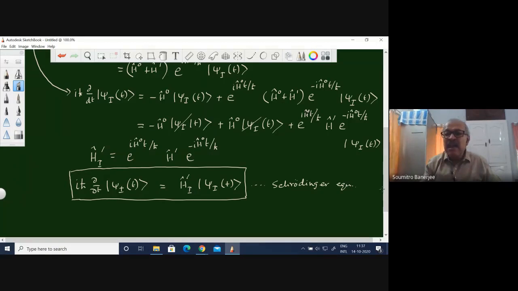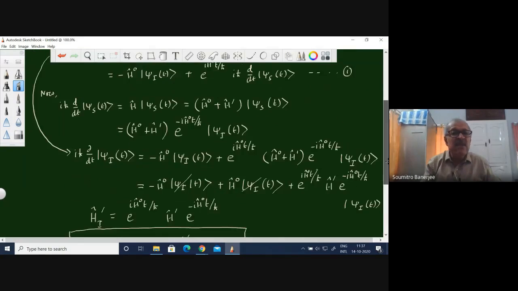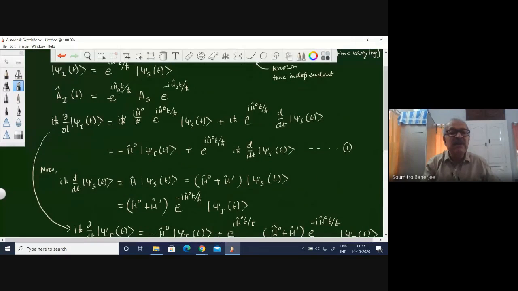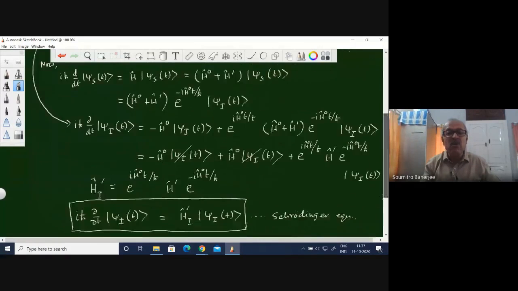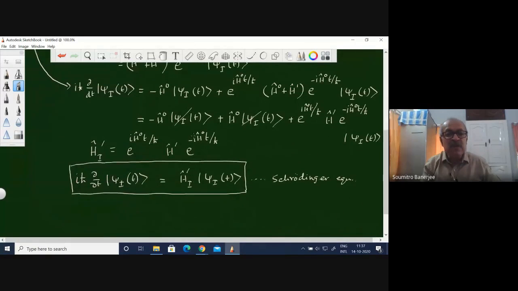And this actually satisfies the definition of an operator that we have given, right? So like any other operator, the Hamiltonian operator also transforms in the interaction picture like that. But here it is only the interaction part. It is not the whole Hamiltonian, it's only the interaction part that appears.